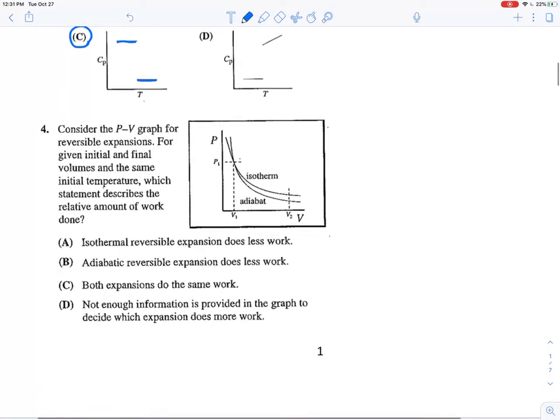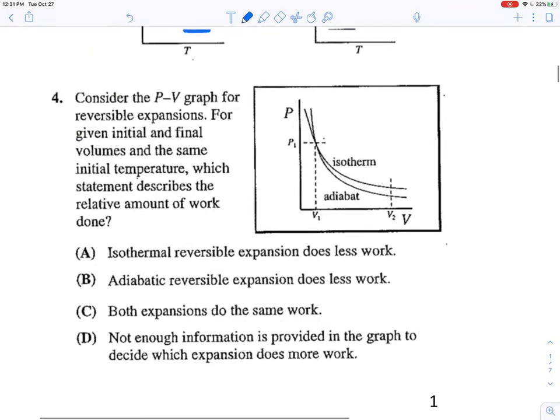Talking about the PV diagram, this is a PV diagram for the reversible expansion. So this is an isotherm, this is an adiabatic expansion, and which one describes the relative amount of the work done?